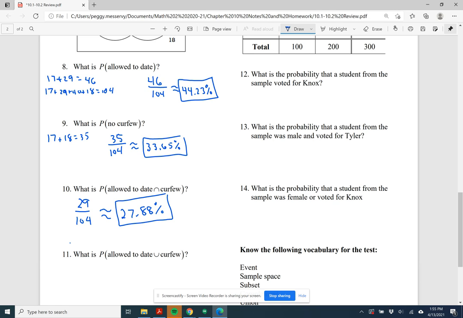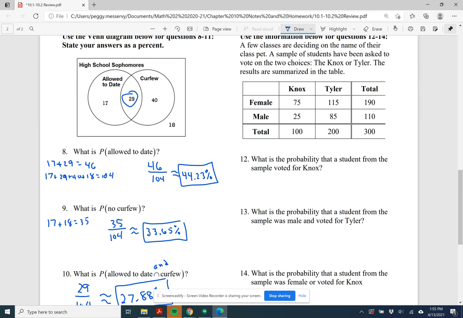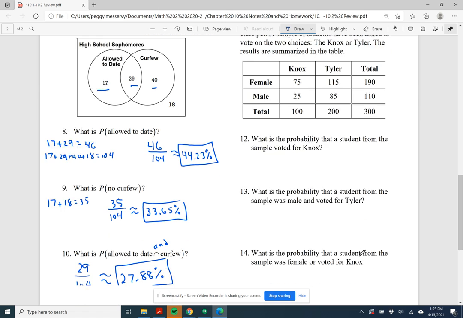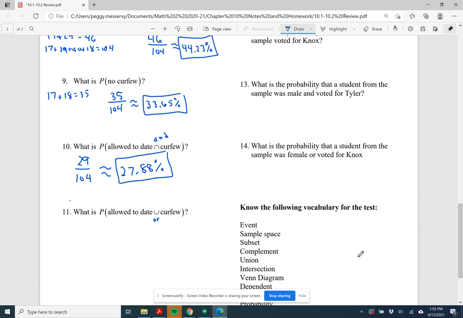Probability that they're allowed to date or. So this one was an and. This one is now an or. Allowed to date or have a curfew. So what I have to add up is the 17, the 29, and the 40. I have to add those three numbers. Or I could take the 104 and subtract the 18. Either way.